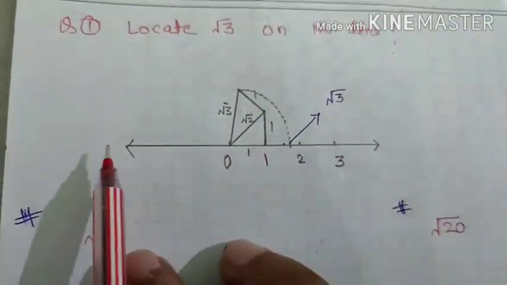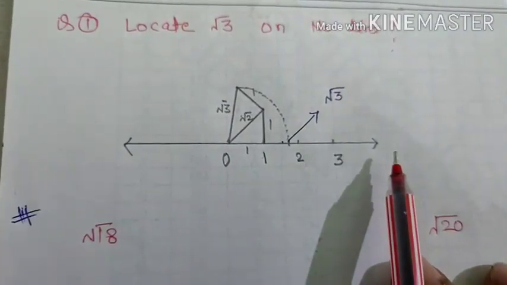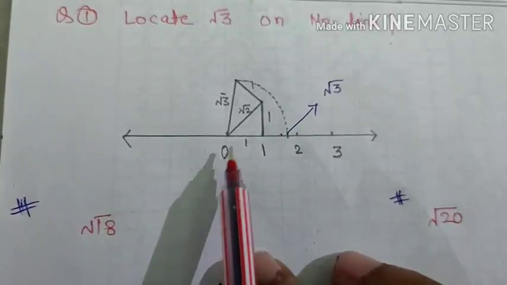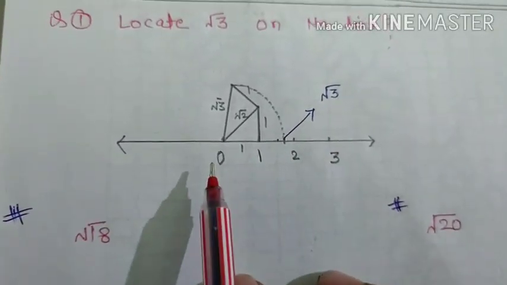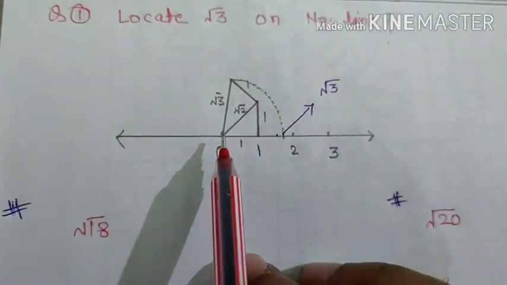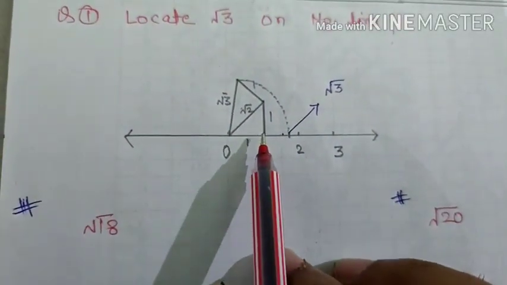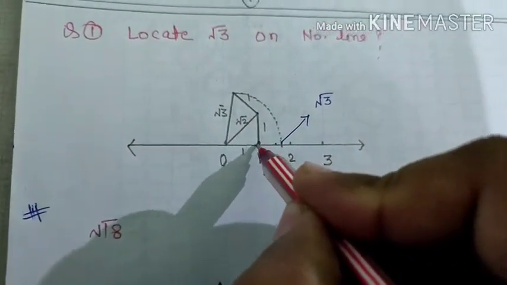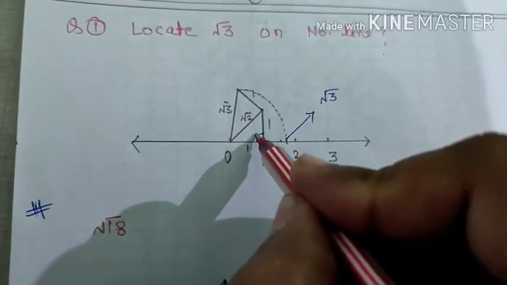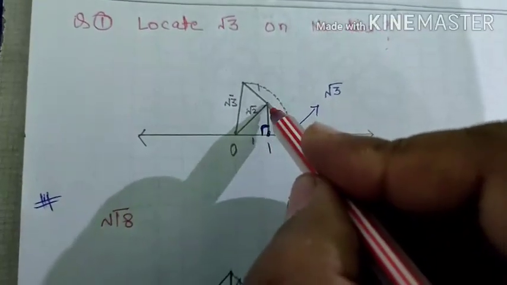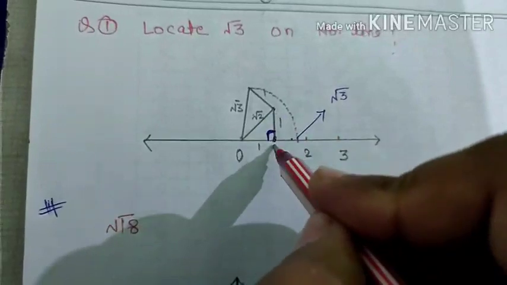Just use a ruler to draw a line, mark 1 inch distances, and write 0 1 2 3 like this. At 1, where you have written 1, just make a perpendicular of 1 inch.